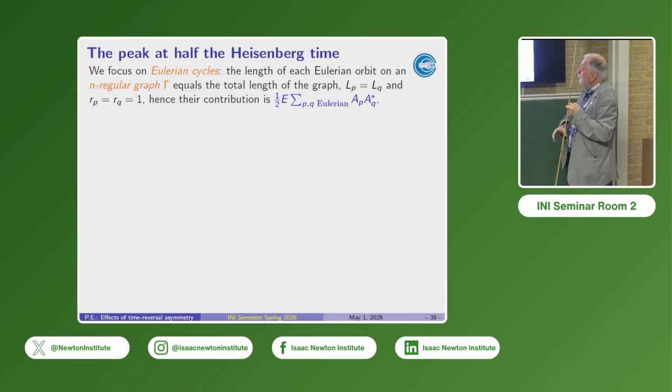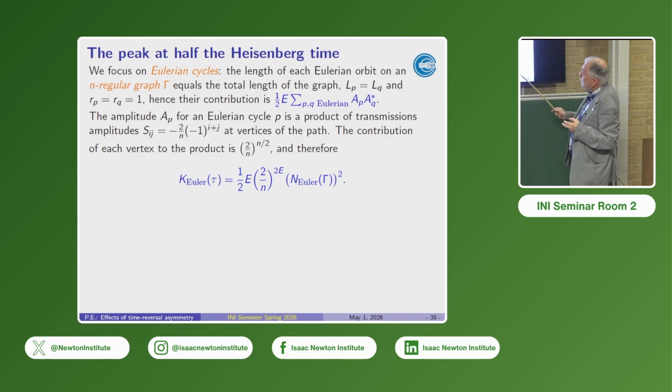For an Eulerian path, since the S matrix is the same in every vertex, it just gives the power of this quantity here. And in order to get the contribution from the Eulerian paths, you need to know how many Eulerian paths you have.